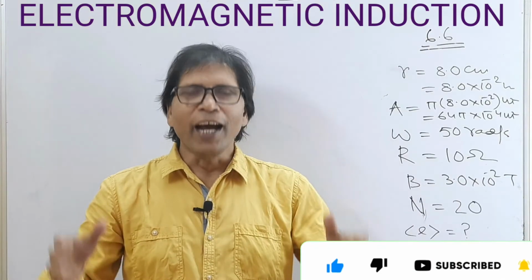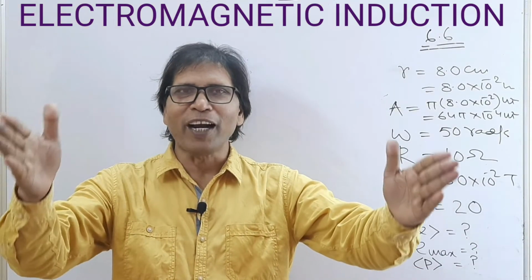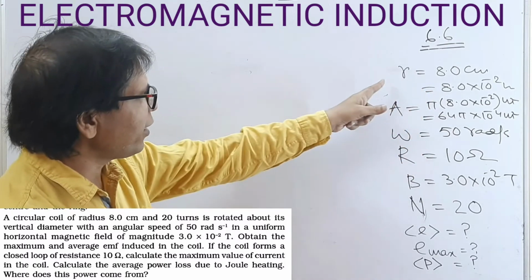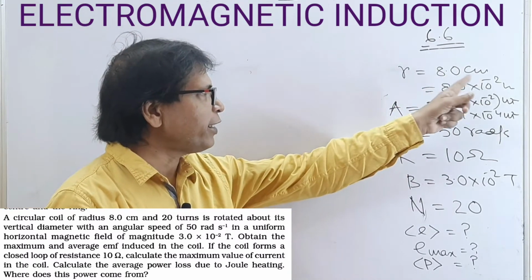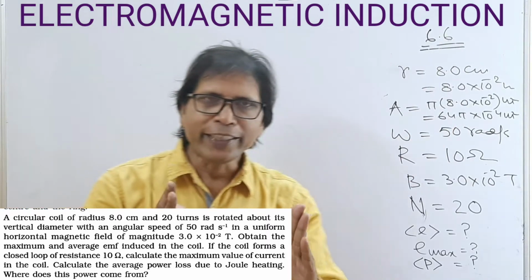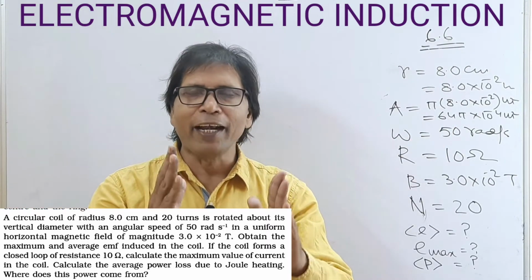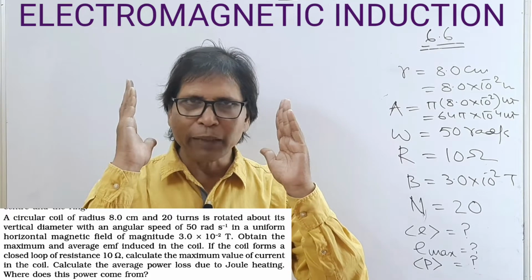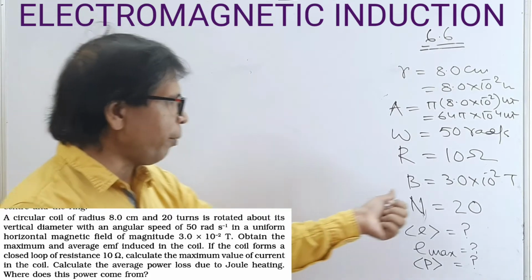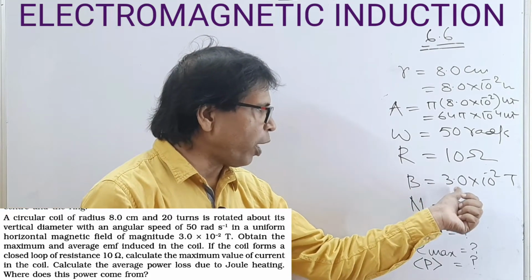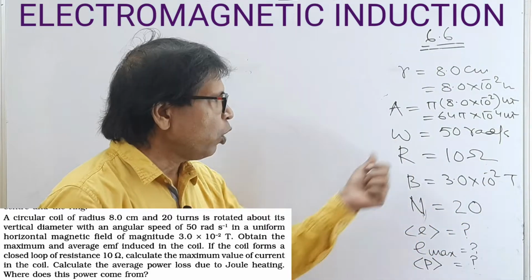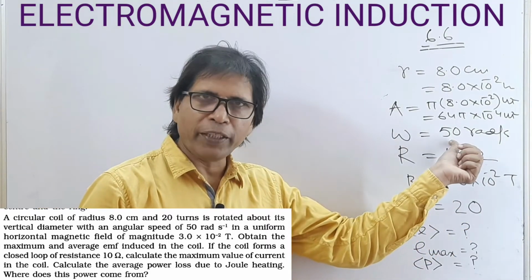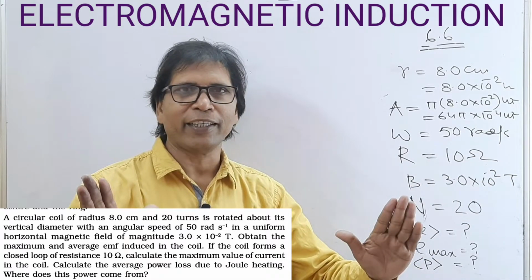Now NCERT 6.6. A circular coil of radius 8 centimeter rotates about its vertical diameter in a magnetic field 3.0 into 10 to the power minus 2 Tesla with angular velocity 50 radian per second.